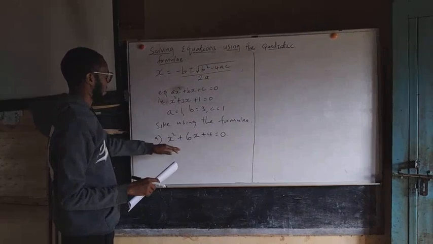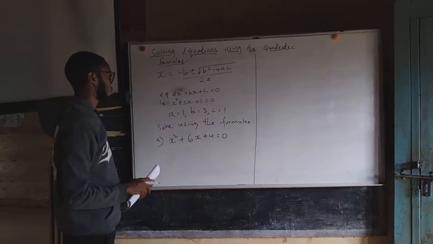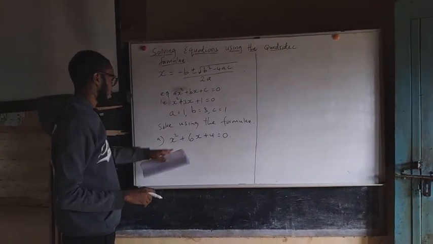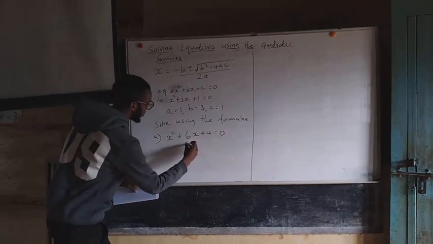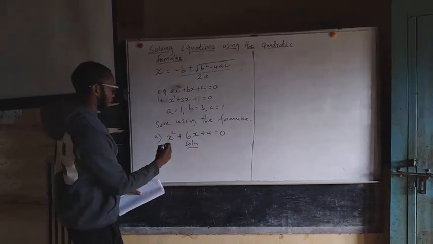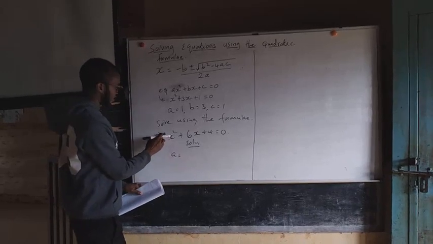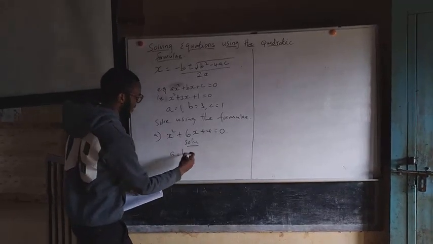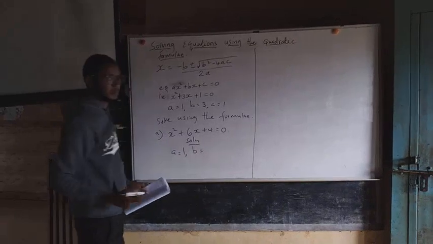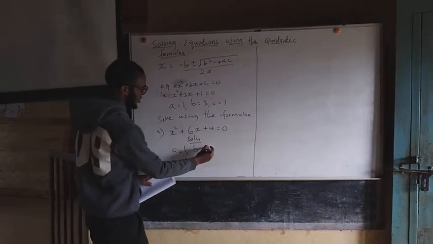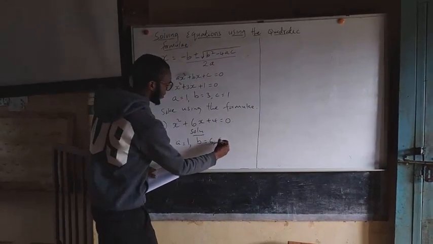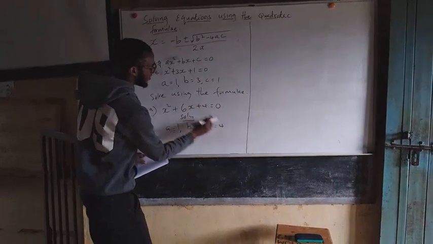So we have our quadratic equation here, and we are told to solve for x. Now here we start with the solution. We say a is equal to 1. What about b? b is positive 6, so it is 6. And then our c is equal to positive 4, or 4.